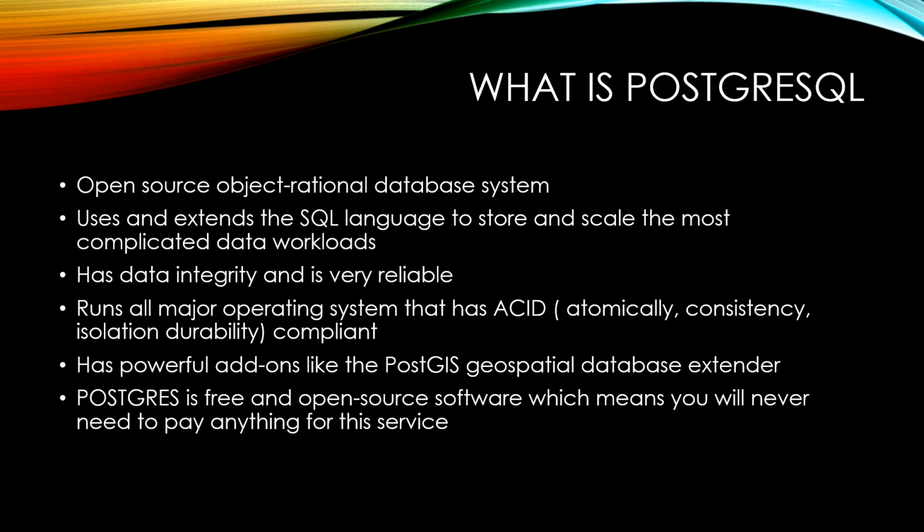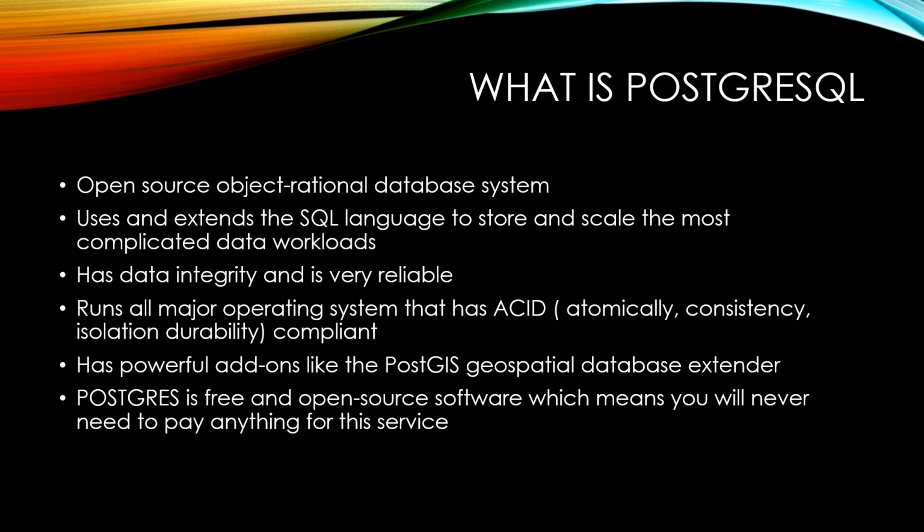Okay, so right now, remember we did mention that PostgreSQL comes from a relational database because it uses tables, columns, rows, and also schemas. PostgreSQL is actually an open source object-relational database system.